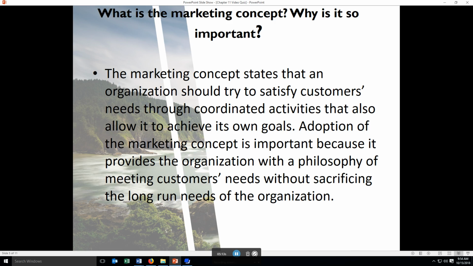You have to produce a product, say a washing machine for clothes, and then pay for it, put it out on the market, and then that washing machine has to be capable of satisfying some other person's wants or needs. In this case, the want of having clean clothes. And then you have to be able to provide it at a price that the customer is willing and able to pay, in light of competition in that market.